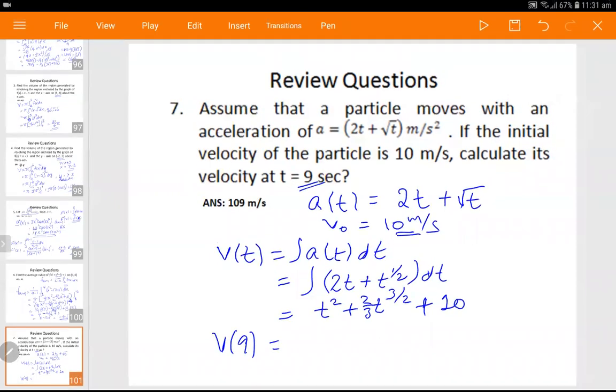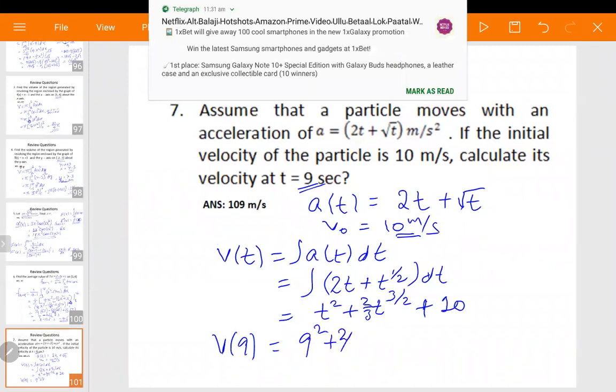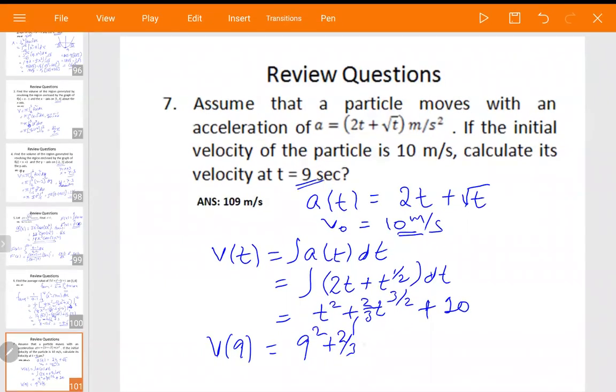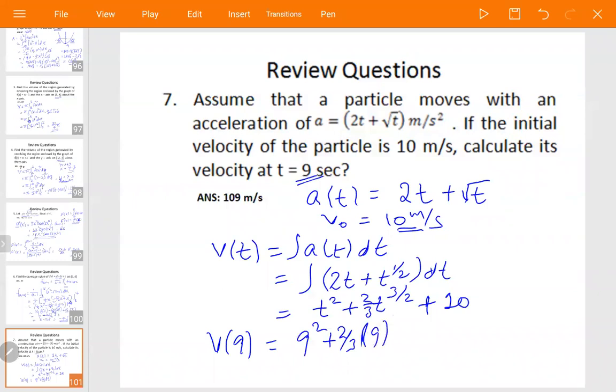So, 9 squared plus 2/3 of 9 to the power of 3 over 2 plus 10. 9 squared is 81. 2/3 of 9 to the power of 1 over 2 is 3, 3 cubed is 27, plus 10. 81 plus 10 is 91, plus 2/3 of 27, which is 18.